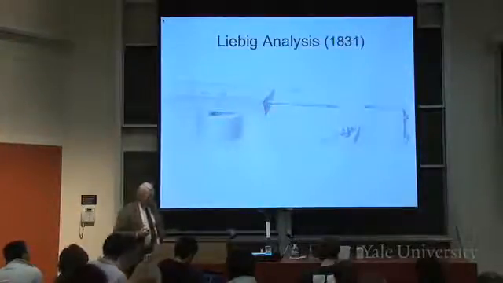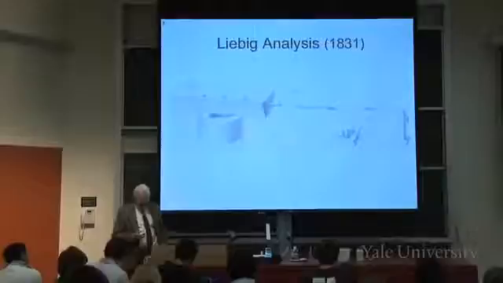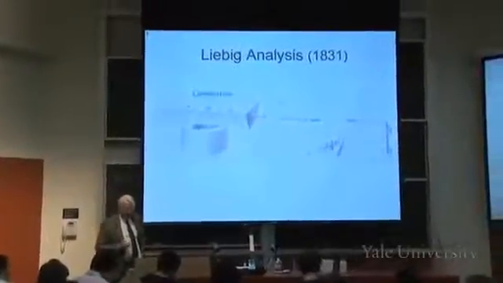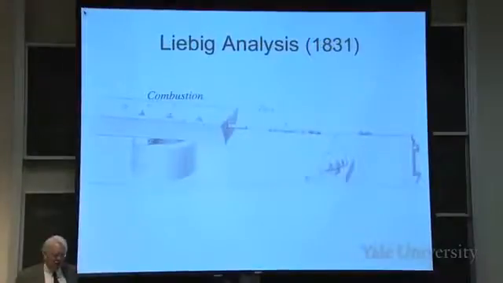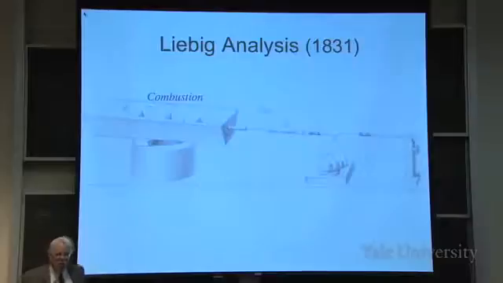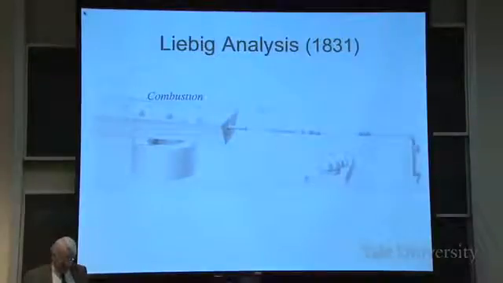So here's how Liebig did his analysis, and you can see the 5-bulb apparatus here. So he had a tube, much like Berzelius's, in which he put burning charcoal in there to heat it up and generate the gases, but on a much smaller scale than Berzelius did.